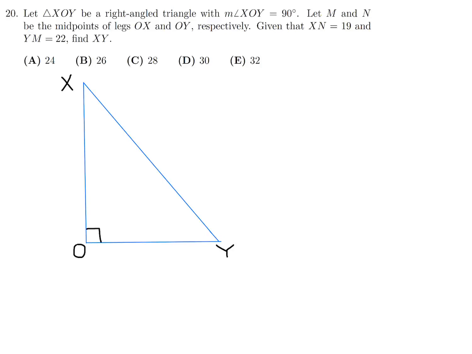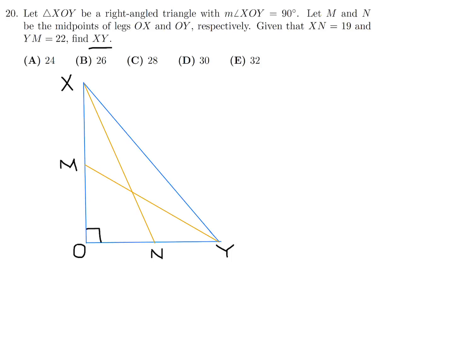So the midpoint approximately here, like that, and the midpoint of OY approximately there. So those are represented by the letters M and N. And what do they want? They want you to figure out XY. So they want you to figure out the length of that guy right there.